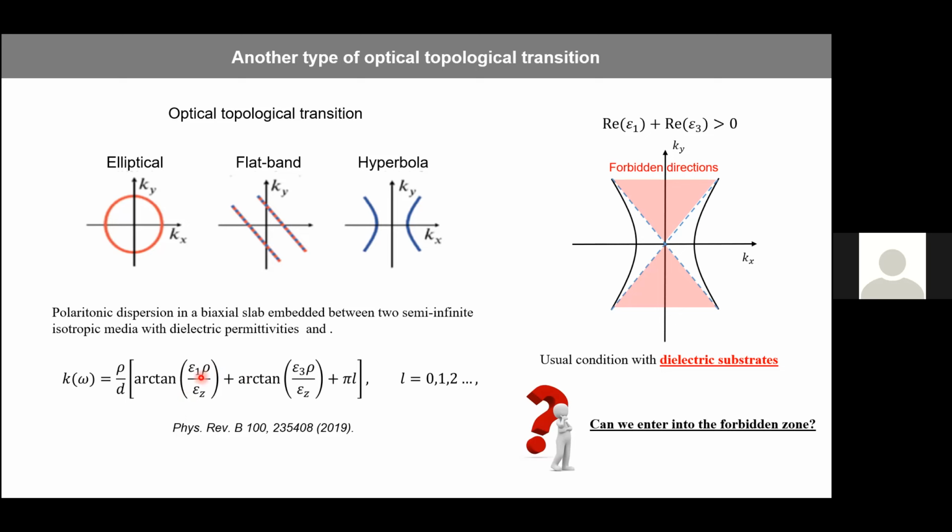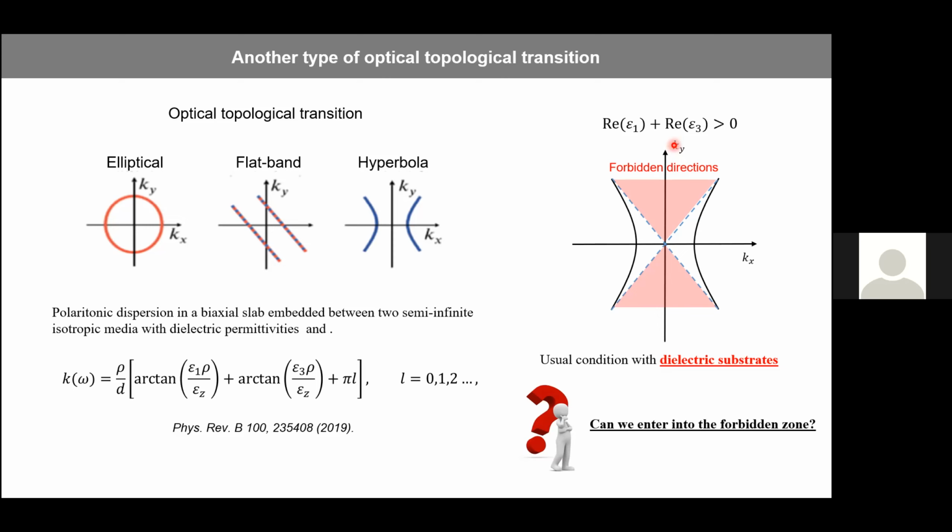If you notice this equation, you will find that the dispersion of the phonon polaritons depends on these 2 parameters, epsilon 1 and epsilon 3. These are the permittivities of the substrate and superstrate of the molybdenum trioxide. In the common case, we always fulfill this condition, where the real part of epsilon 1 plus epsilon 3 is positive.